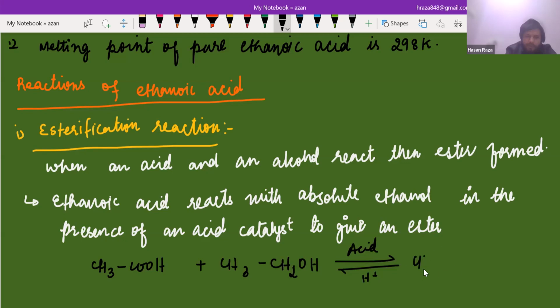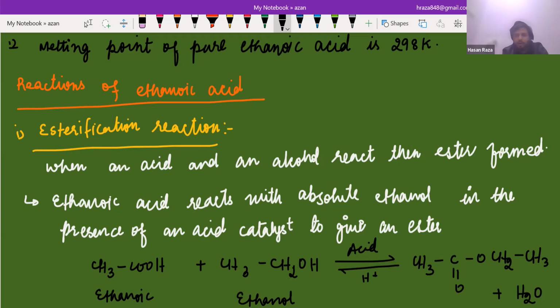Then the product will be CH3, C double bond O, OCH2CH3, along with elimination of H2O, not 2H2, it's H2O. So you have to remember this reaction. It's very easy and important. Ethanoic acid reacting with ethanol in the presence of acid gives ester. Please do write it.